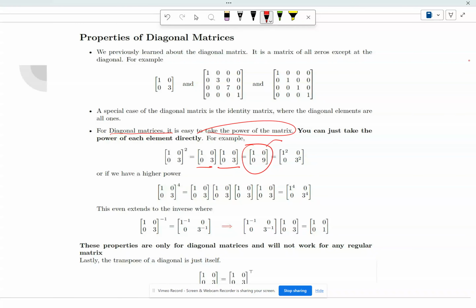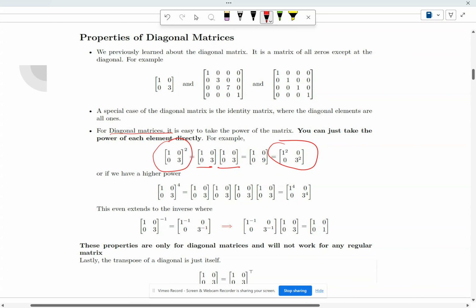If you pay attention, you will realize that this is just 1 squared, 3 squared. So squaring the matrix is equivalent to squaring the diagonal. This doesn't work if you have just any generic matrix. You can't just take each element and square it. It's only for a diagonal matrix.